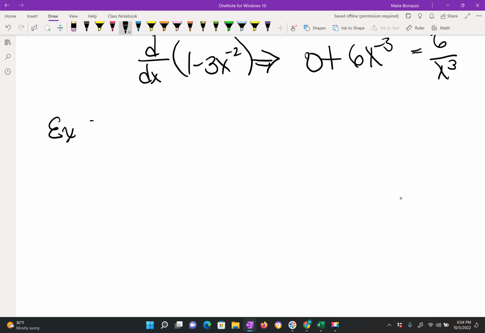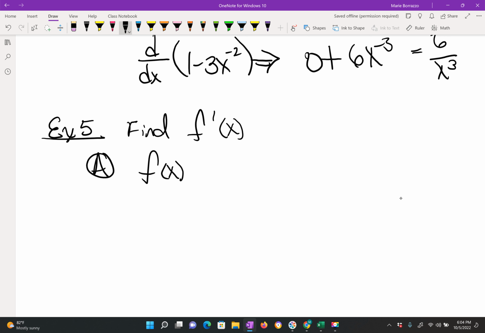So I'm going to start with example 5. And we're again finding derivatives. So we're going to find the first derivative. That's all I'm asking. And they're going to start us with this question. They say f of x is equal to 3e to the x over 1 plus e to the x. So if we follow the typical method in this case, remember this is your t of x, this is your b of x.